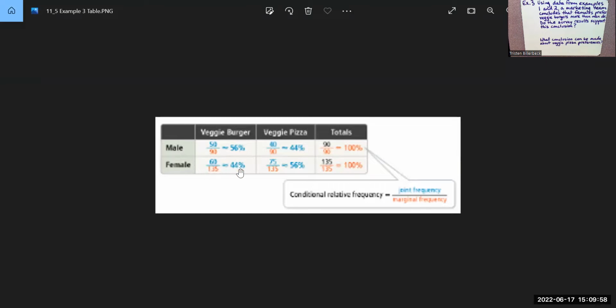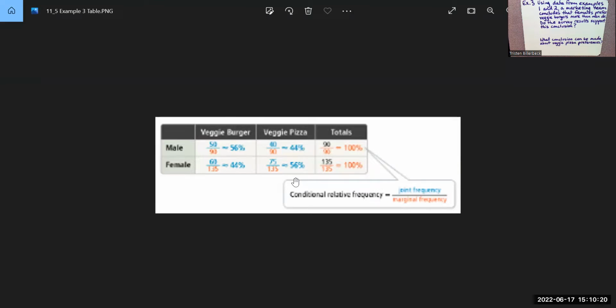Of the women surveyed, 44% of the women liked veggie burgers and 56% like veggie pizza. So 60 of the 135 women surveyed liked the burger, 75 out of 135 women liked the pizza.